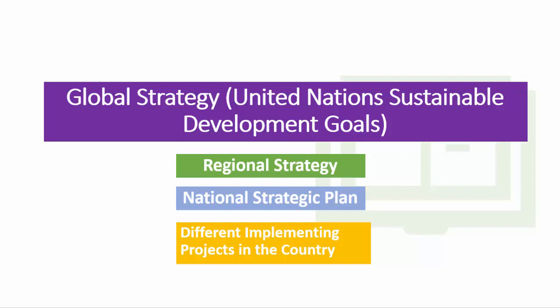We've got the regional strategy, if there is one. I haven't seen one yet, but I know there could be because I hear a lot of regional stuff nowadays. But then we've got the global strategy, which is, of course, the United Nations Sustainable Development Goals.